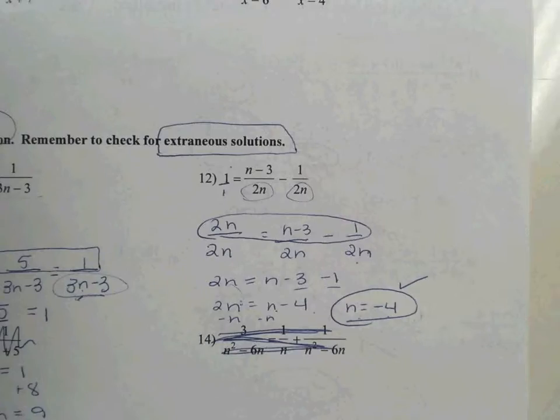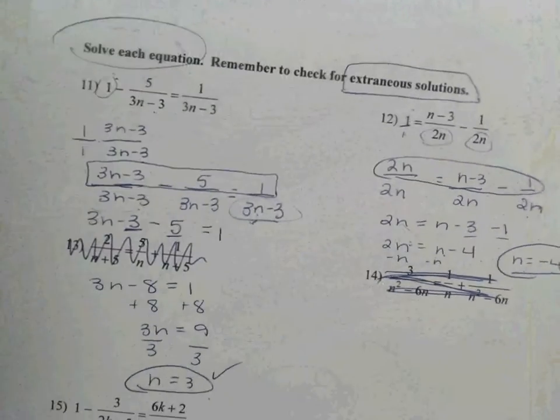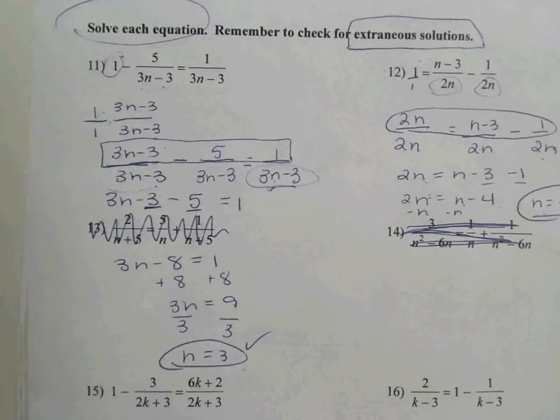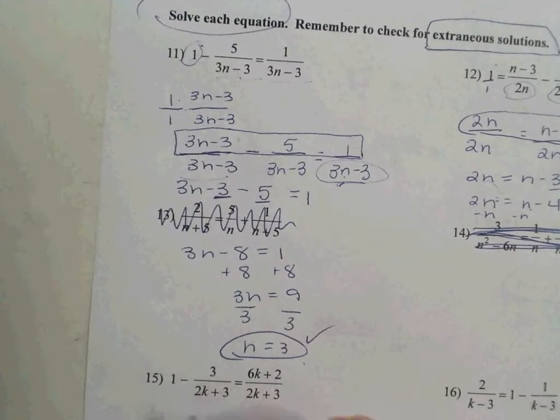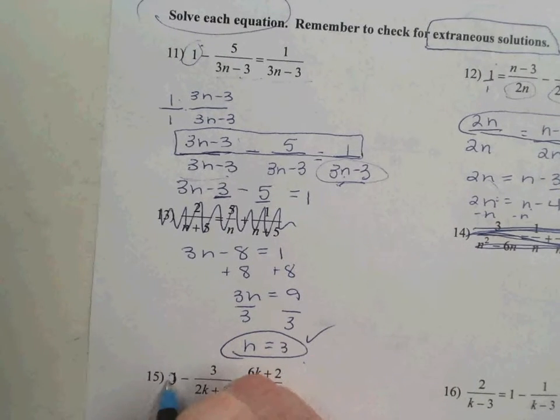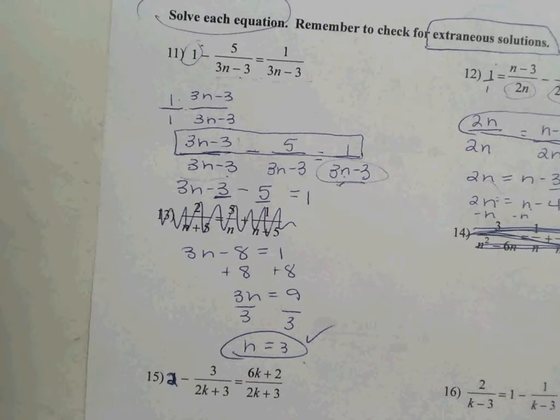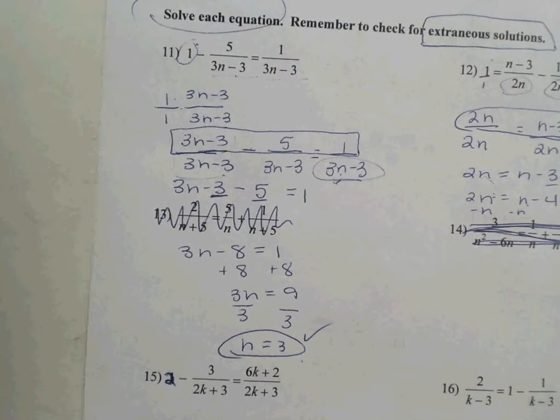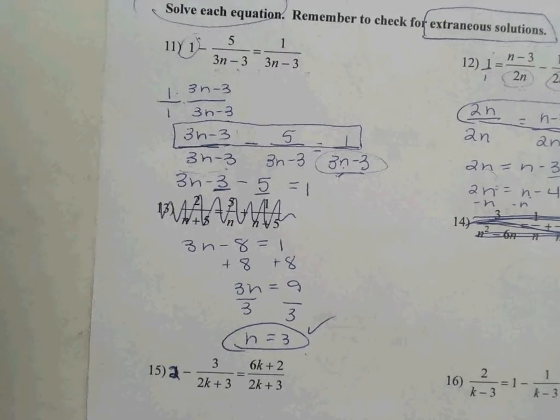All right, for number 15, we're gonna again change it up. I'm gonna actually change this to a 2, so we get a little variety here. So it says 2 instead of 1. And I'm gonna again cancel out number 17.